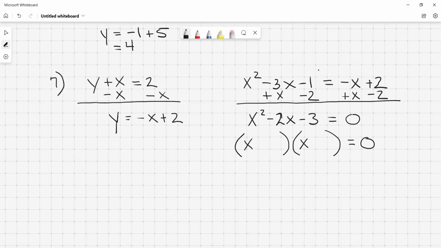Two numbers that multiply to 3 but add to -2. It's going to be a 3 and a 1, but this 3 is going to be negative and the 1 is going to be positive. Set your factors equal to 0. Solve both of your x's.